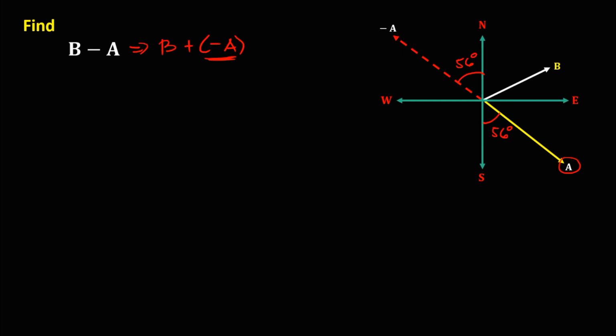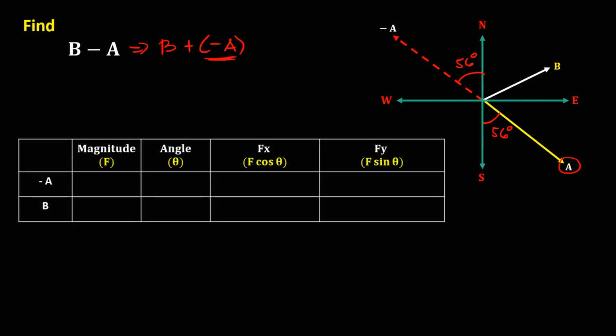Then to find now the resultant force using the components method, from the given, since nothing changed on B, just copy all the values for B. And for this negative A, the magnitude is 176.